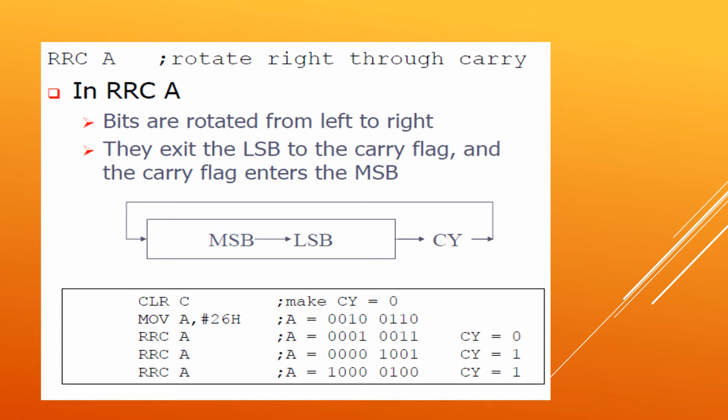The MSB place is vacant because one bit from the LSB side has been taken out. In that place, whatever was the earlier carry bit status will enter. Earlier carry was 0, therefore MSB will become 0. In the same fashion, suppose I have written RRC A twice. In a similar manner, LSB will be copied into CY and CY will be copied into MSB.